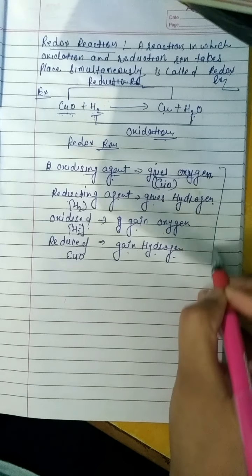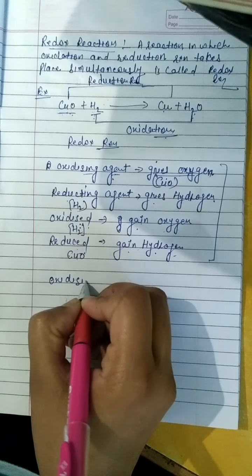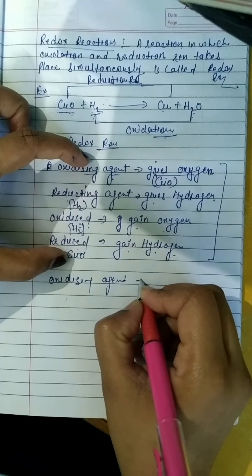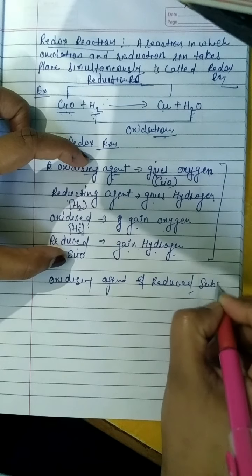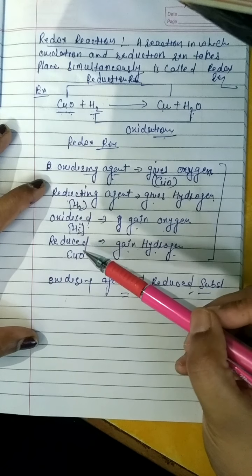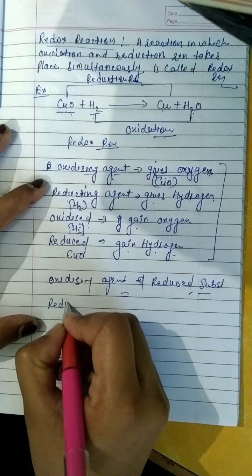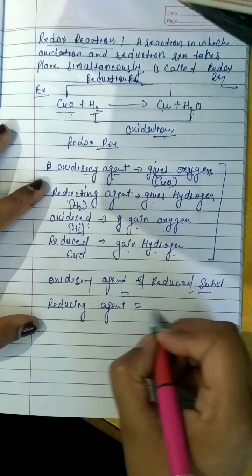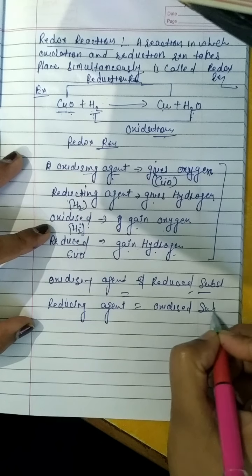Now, from the above, we have concluded that oxidizing agent and a reduced substance remain equal, and reducing agent is equal to oxidized substance.